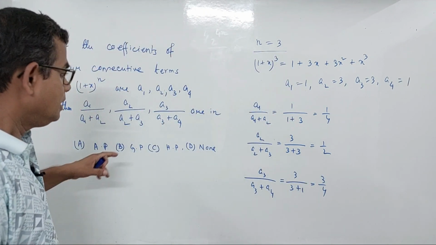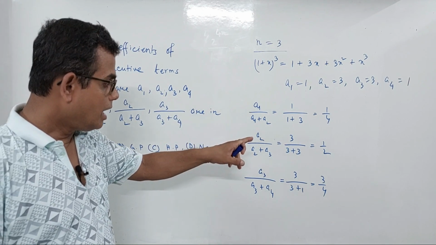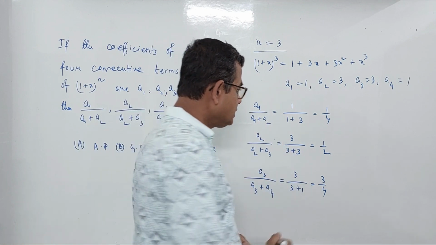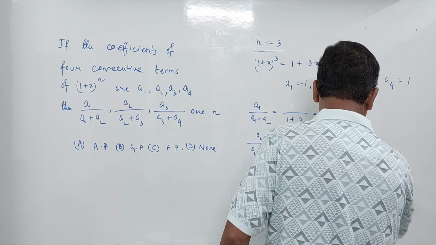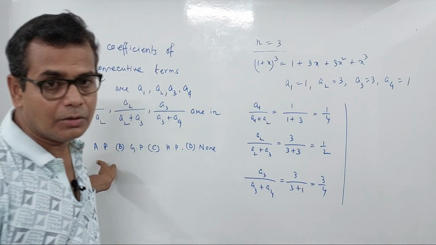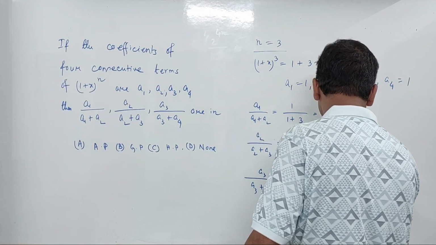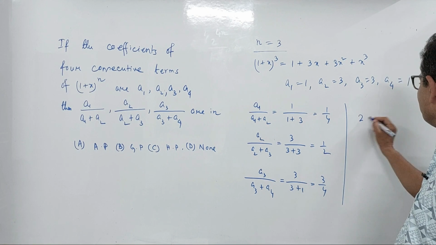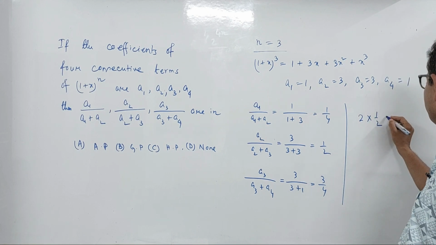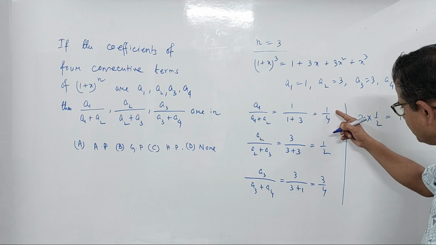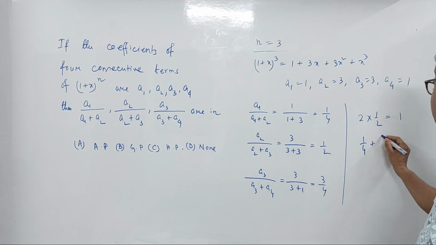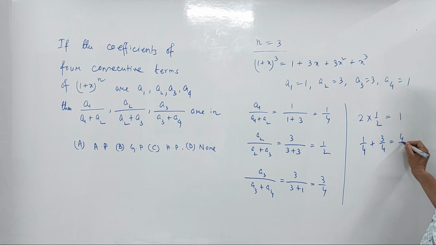Now 1 by 4, half and 3 by 4, the 3 terms are in AP. Why? Because if you multiply this with 2, 2 into half, we get 1, and if we add the first and third terms, that is 1 by 4 plus 3 by 4, we get 4 by 4 equal to 1.